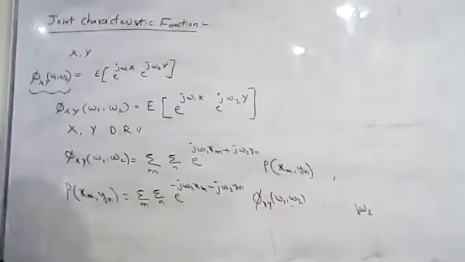So these are the formulas for the joint characteristic function in the case of discrete random variables.